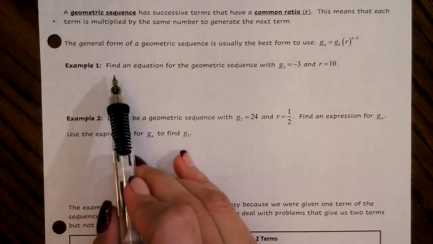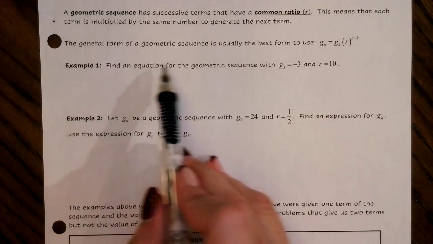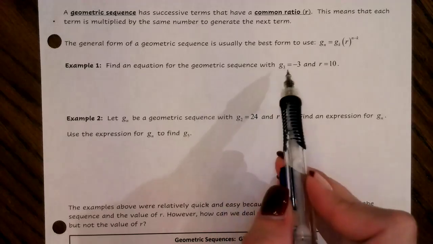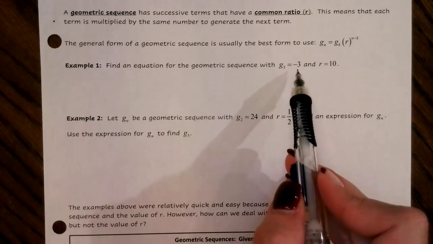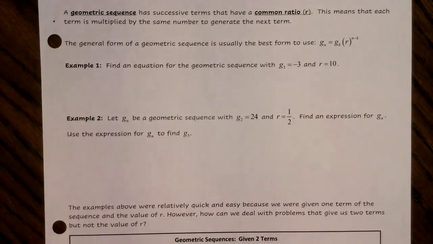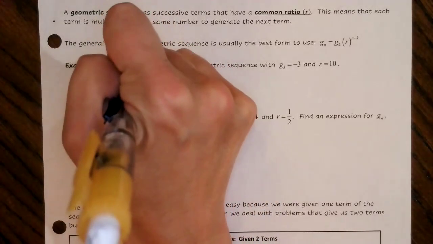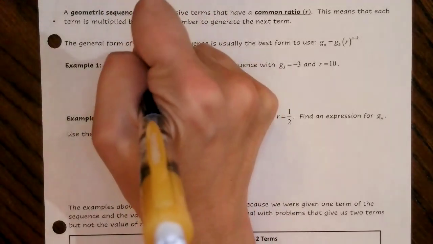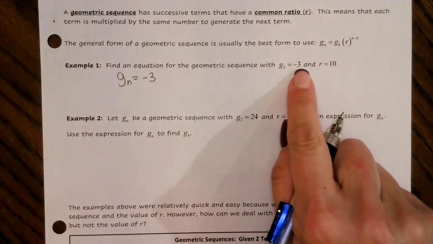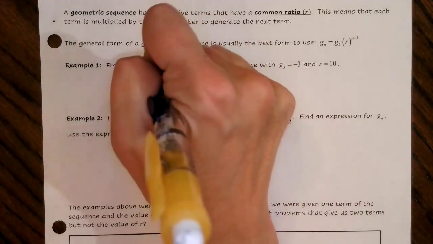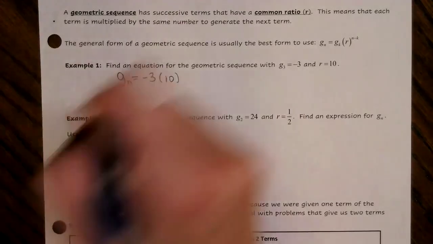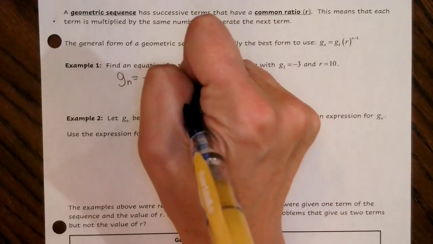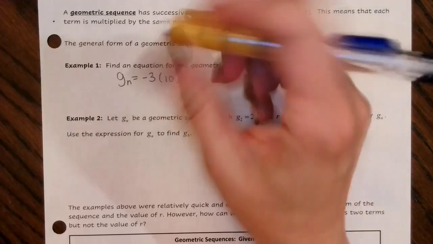So we're going to talk about the geometric ones that are a little bit harder. It says find the equation for the geometric sequence with G sub 3 equal to -3 and the ratio equal 10. All right, well, this one's not quite the harder one. So that's G sub n is equal to -3. We're going to plug that in because that's the value of the third term times our rate raised to our n minus 3.